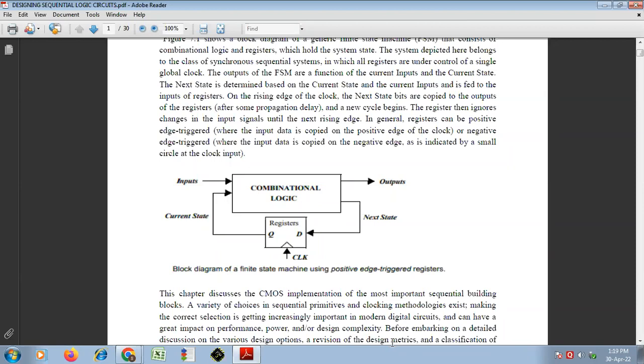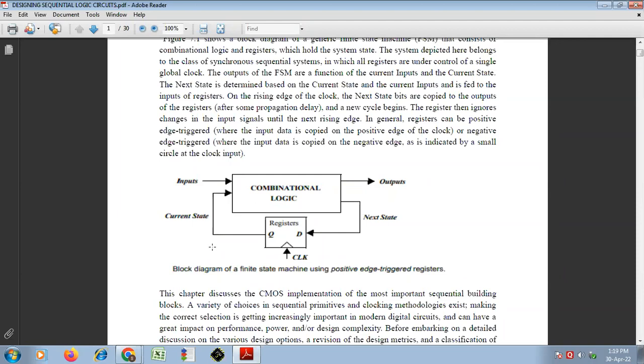So what do you mean by sequential circuit? First you have inputs, then outputs, then you have a next state that will get stored, then you have a current state. Both the next state as well as the current state are important in a sequential machine, because when you want to implement any FSM, finite state machine, you require a storing element to store that particular state.